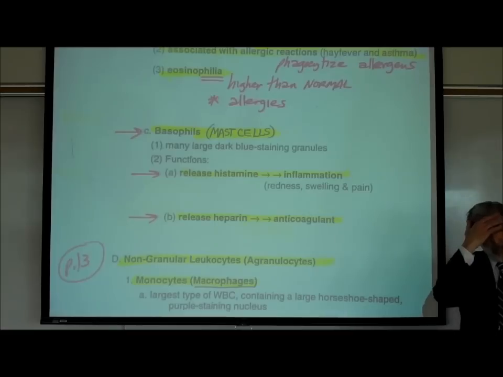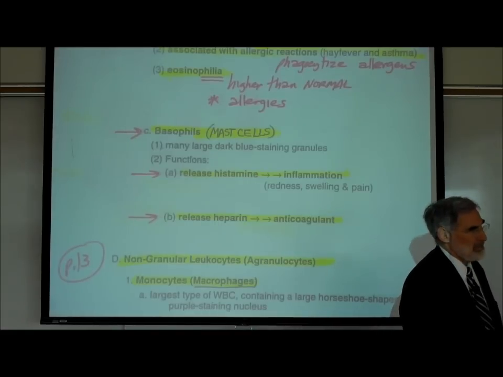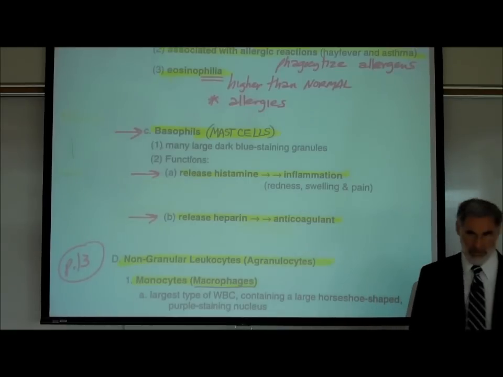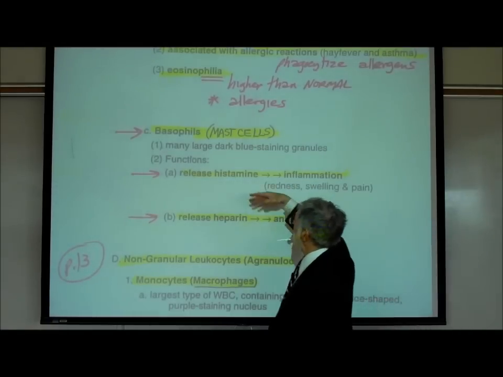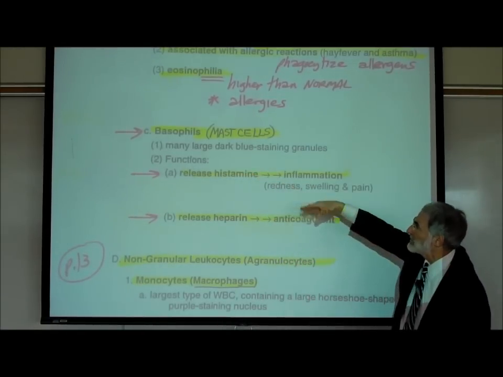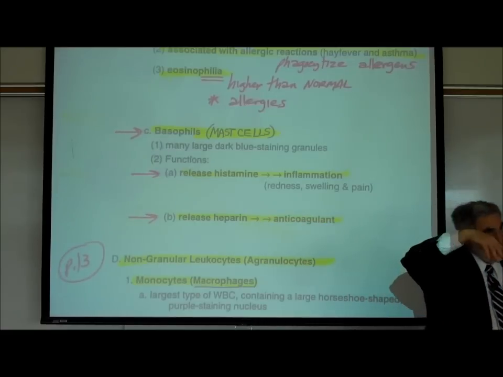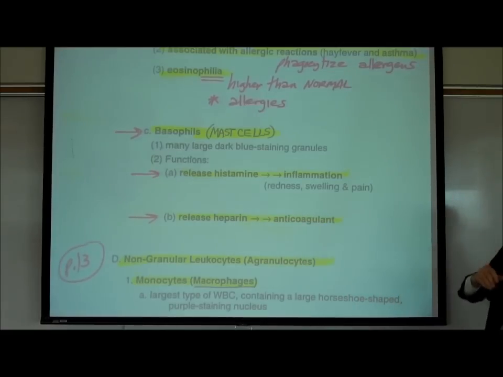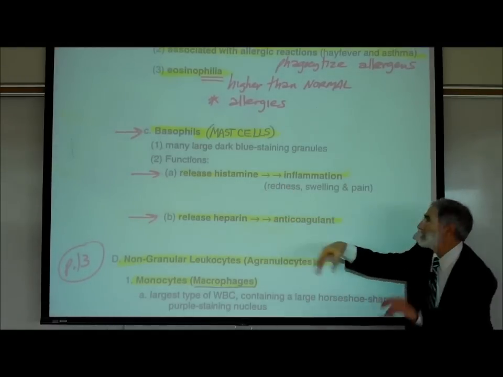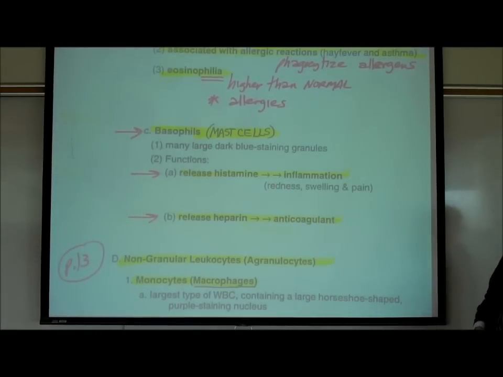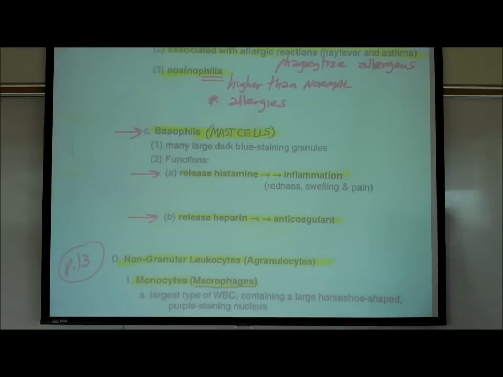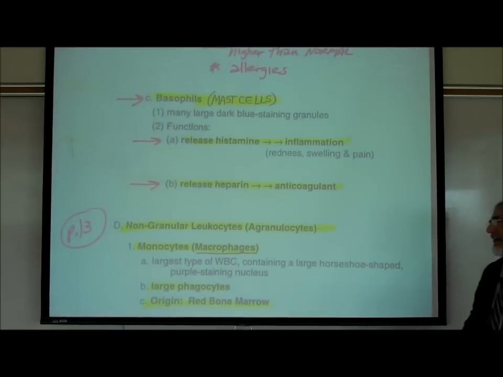Or you might have heard about mast cells in microbiology when you were learning about the non-specific inflammatory reaction or immune response. Mast cells release histamine, and so do basophil white blood cells. Basophils release the two chemicals that both start with the letter H, histamine and heparin. Histamine is one of the chemical mediators of inflammation that contribute to redness, swelling, and pain. And heparin is an anticoagulant.